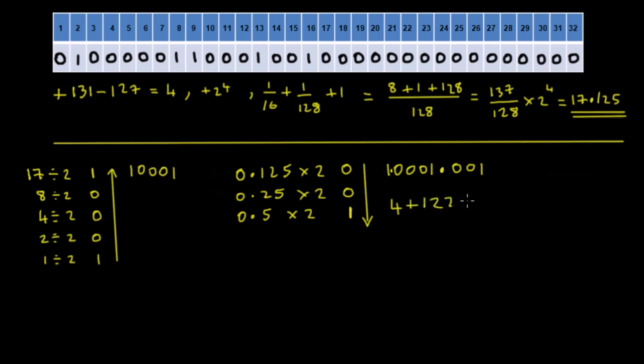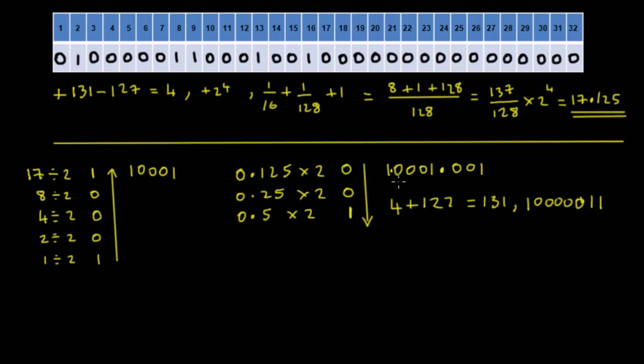So the actual value is going to be 131. And 131 is going to be given by 1, 0, 0, 0, 0, 0, 1, 1. So this is our exponent part.